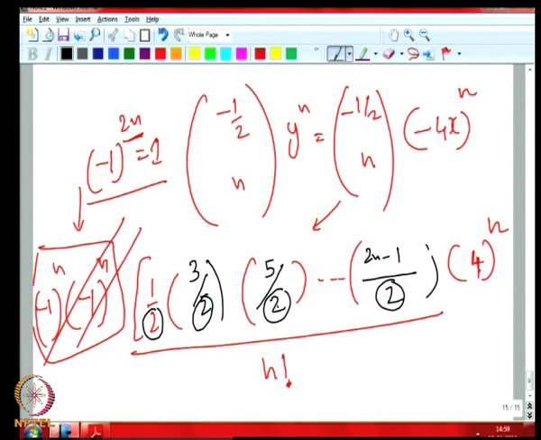So, we have a 2 from each term, 1 by 2 here, 1 by 2 here, 1 by 2 here. Because I got n such 2's, so 2 to the power n, which I can cancel with this 4, which is actually 2 into 2, right. So, one of the 2 to the power n's will go away, right.